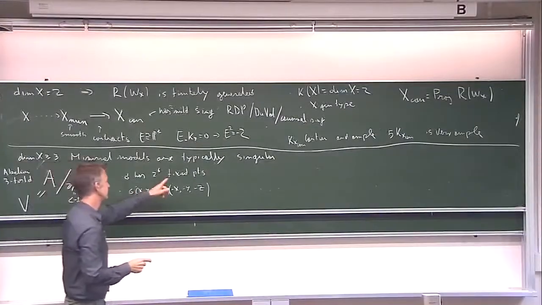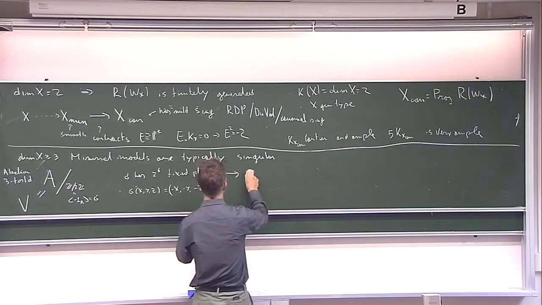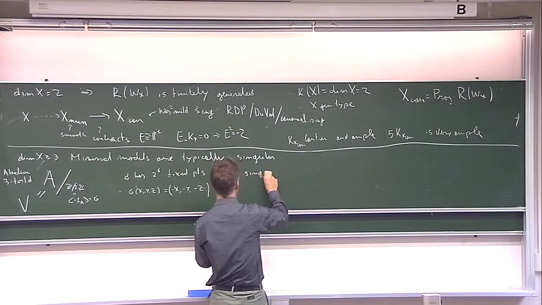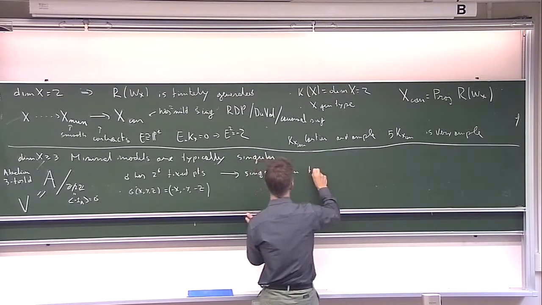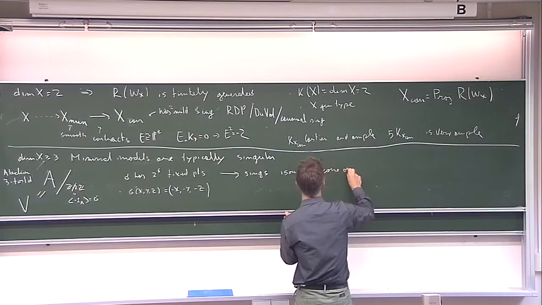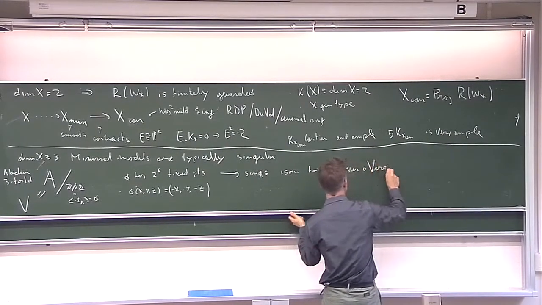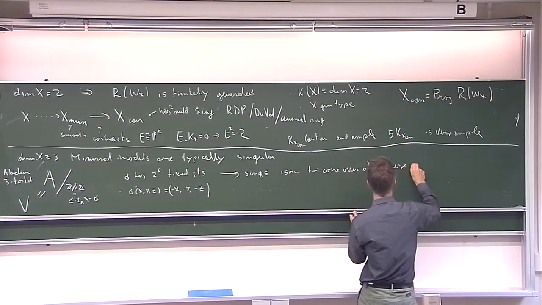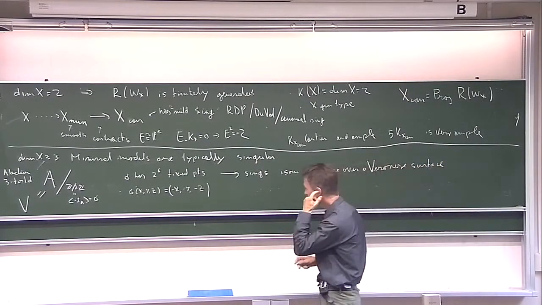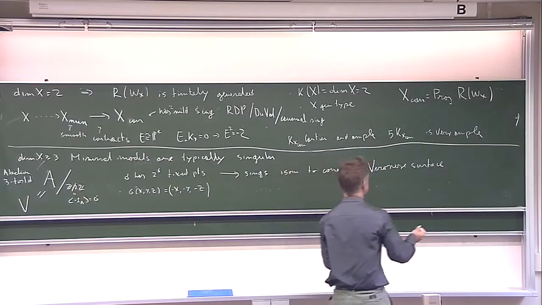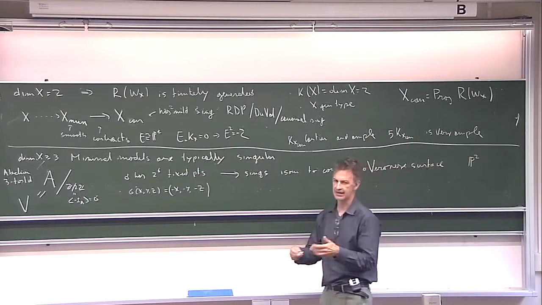And these 2 to the 6 fixed points give rise to singularities, which are isomorphic to a cone over a Veronese surface. So the Veronese surface is P^2 embedded by quadratic polynomials.